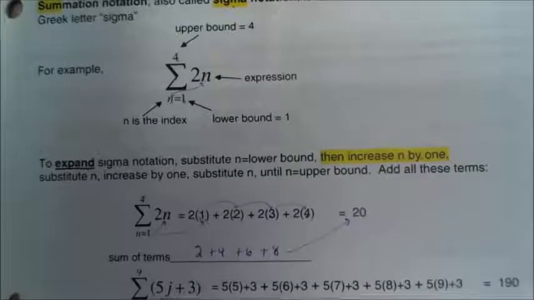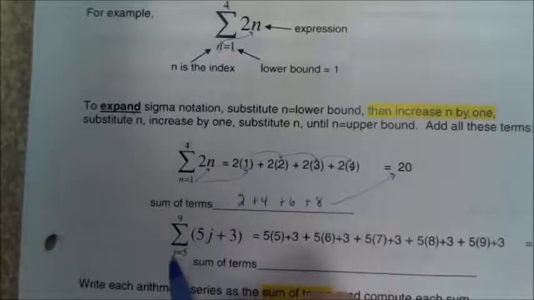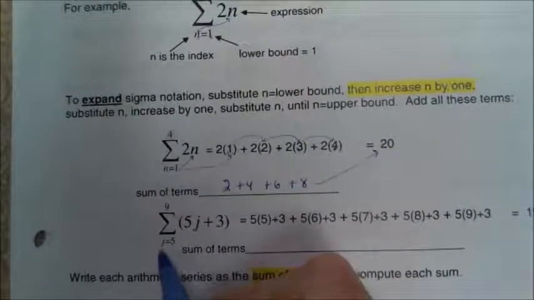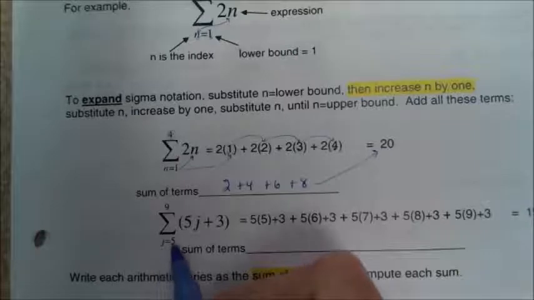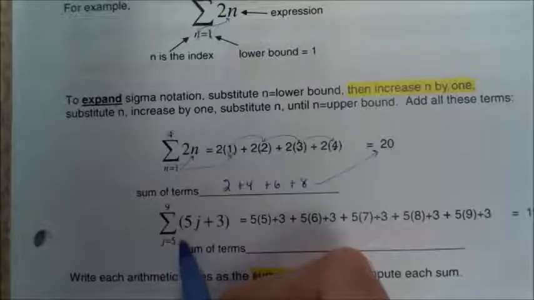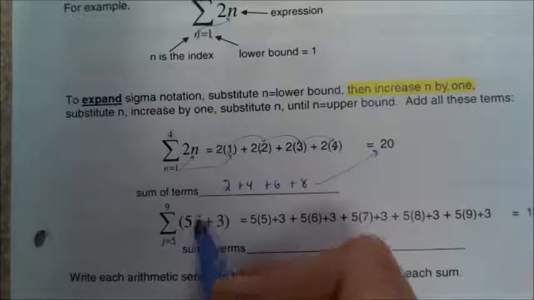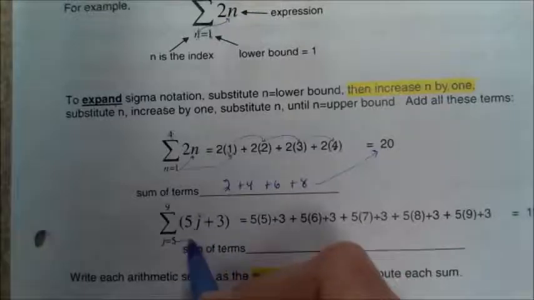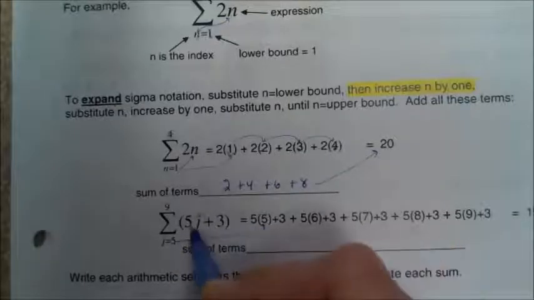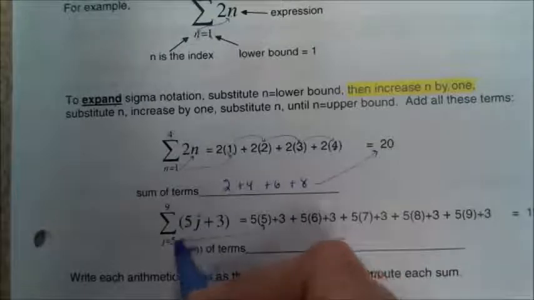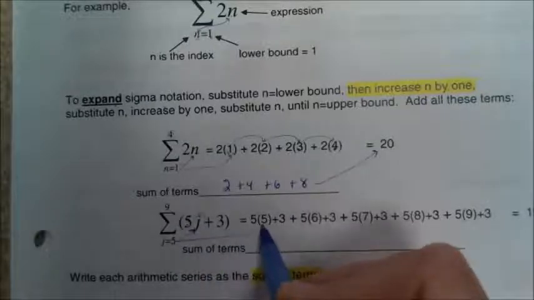Here's another example of a sigma. In this example, I'm using another letter called j. And I'm not starting at 1, I'm starting at 5. So the j numbers are going to be going from 5 to 6 to 7 to 8 to 9, and they're going to be replaced in this j here. So you're going to start at j equals 5, so it's going to be 5 times 5 plus 3.